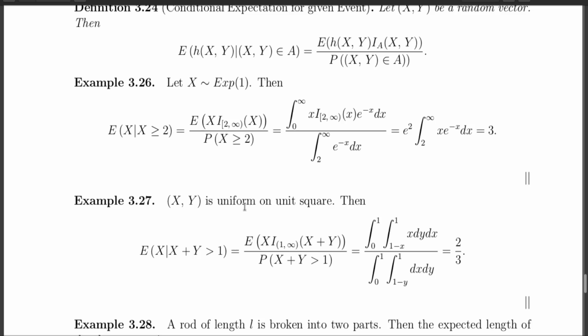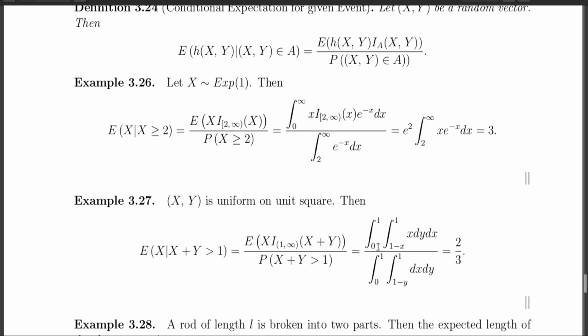Now I know this is a unit square. This is uniform, so I know the density function is basically 1 inside the unit square. Outside that it is 0. So from that I can write that this expectation is nothing but the double integration of x dx dy, and this integration will only have a contribution inside the unit square where X plus Y is greater than 1.